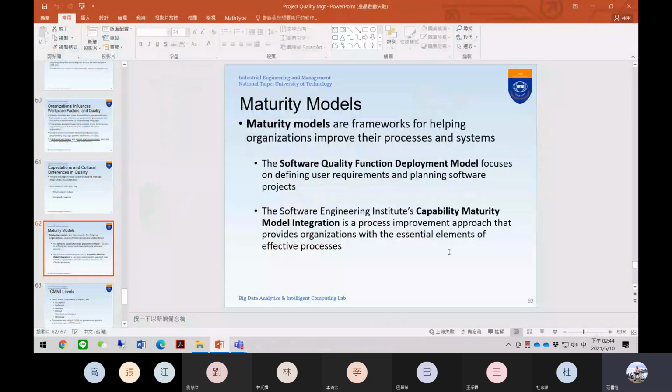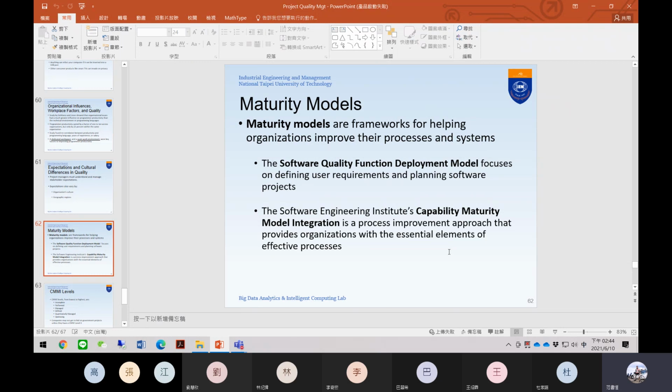Maturity models are frameworks for helping organizations improve their processes and systems. The software quality function deployment model focuses on defining user requirements when planning a software project.